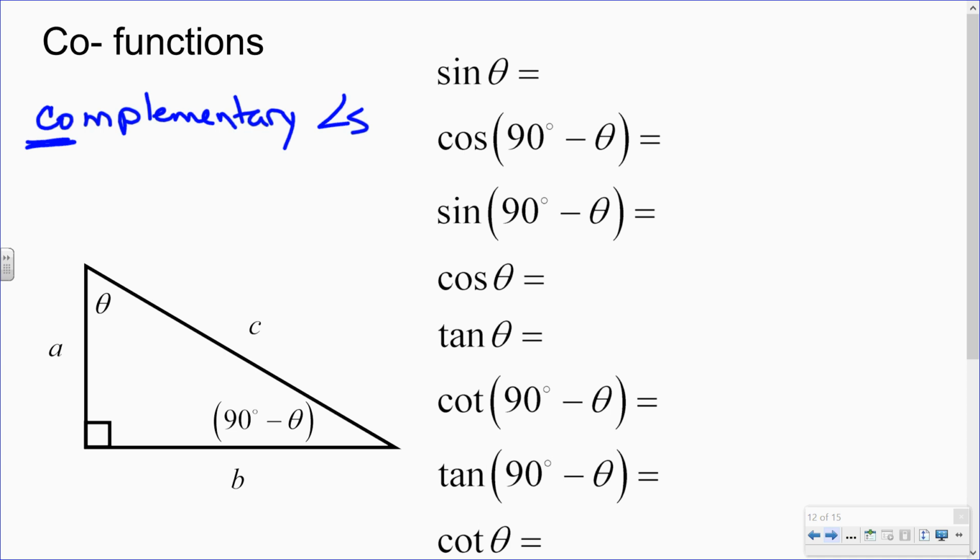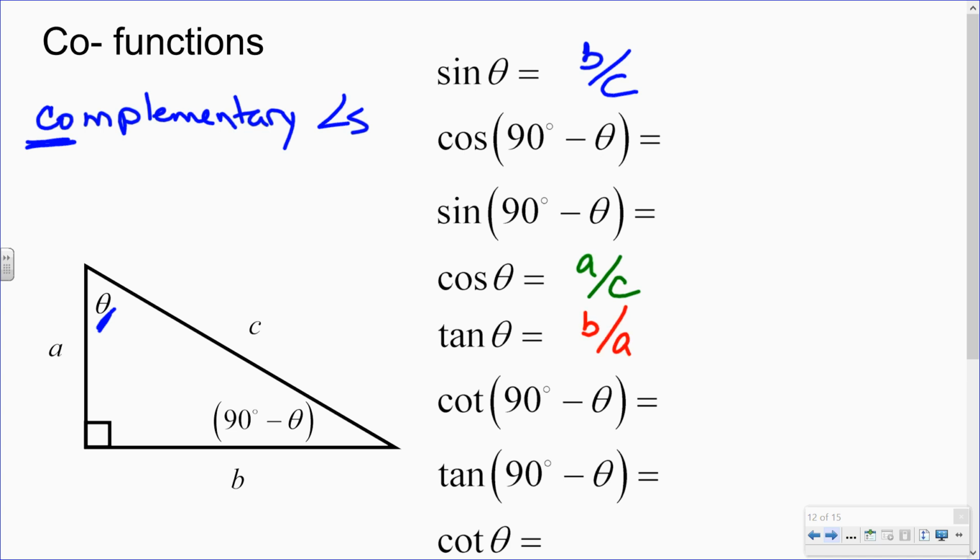When I'm talking about a right triangle and I'm talking about the acute angles, the ones that we take sine, cosine, and tangent for, we've got letters A, B, and C up there on that triangle. So think about SOHCAHTOA, and I need everybody to shout out. If I'm talking about angle theta, what is its sine? B over C. If I'm still talking about theta, what is its cosine? A over C. And what is its tangent?